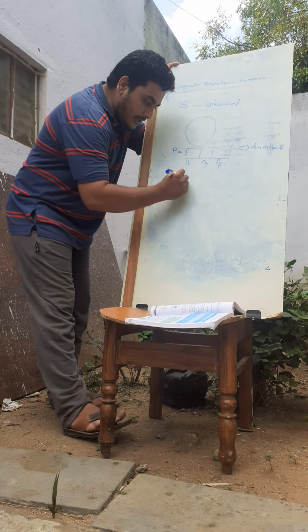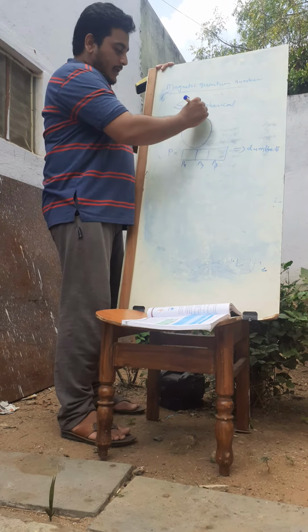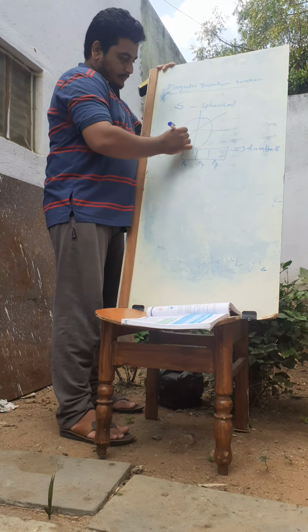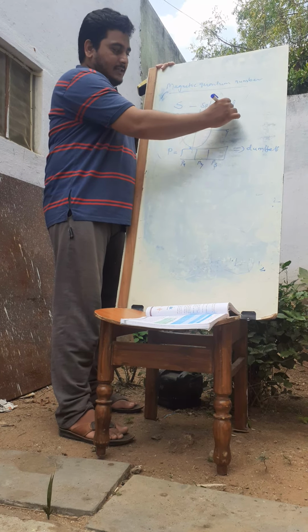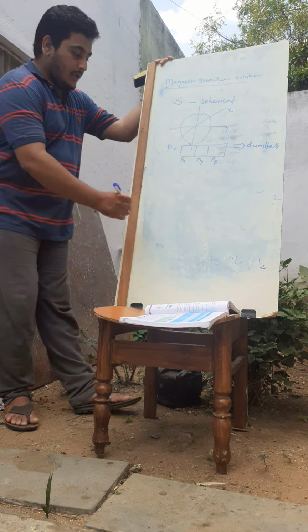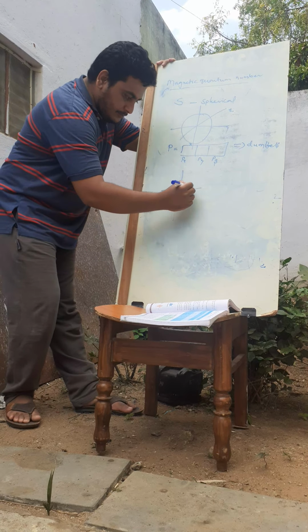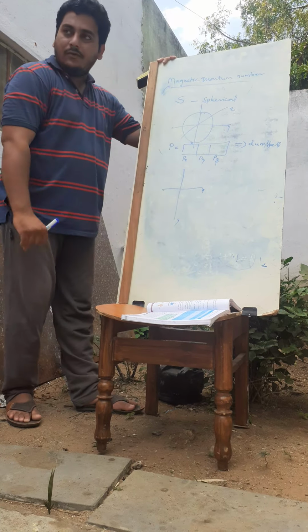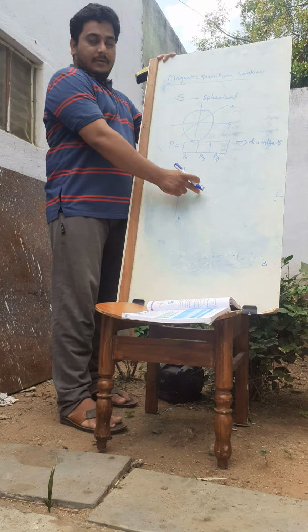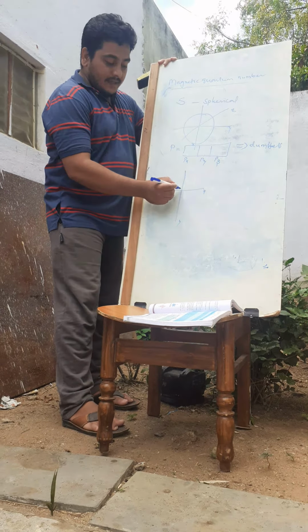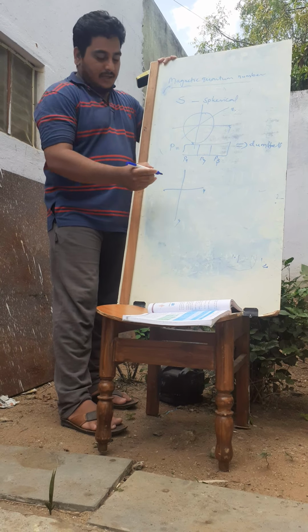Just see here. Based upon the axes, I am drawing here: this is your x axis, this is your y axis, this is your z axis. Now px, I said, is along x. The shape, I said, is a dumbbell shape.